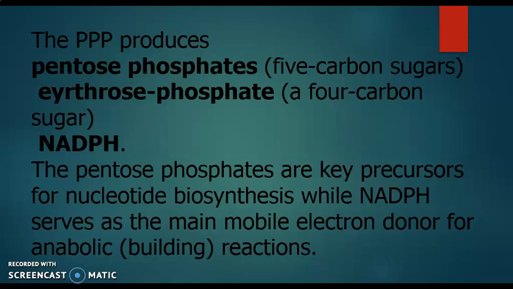The pentose phosphates are required for nucleotide biosynthesis, while NADPH, what is the function of NADPH? It is the main mobile electron donor for the building reactions, or anabolic reactions.